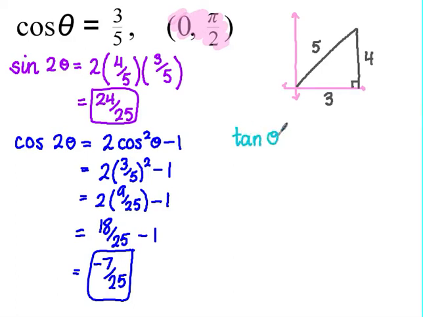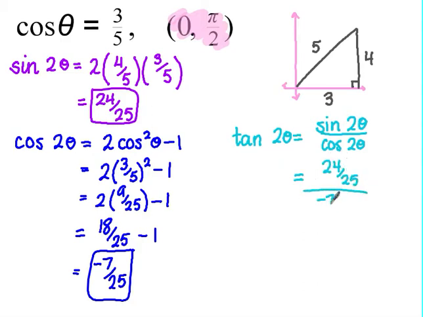And once again, there are 2 ways to do the tangent of 2 theta. If you're relatively certain that you've done the sine and cosine correct, you could actually just do sine of 2 theta divided by cosine of 2 theta. And that will be equivalent to that formula we had. Sine of 2 theta in this case is 24 over 25.